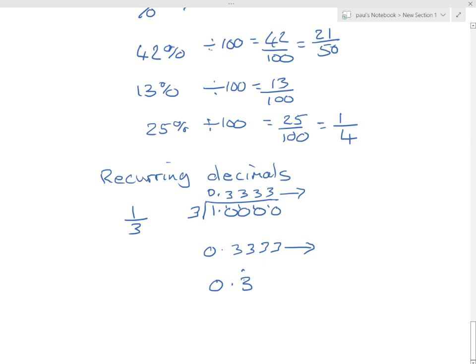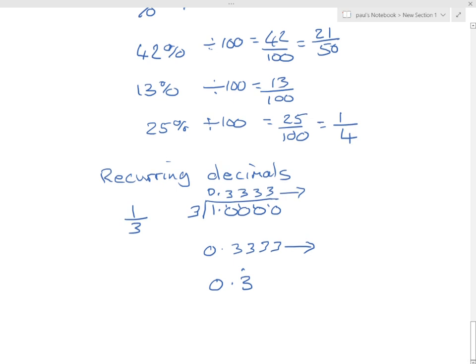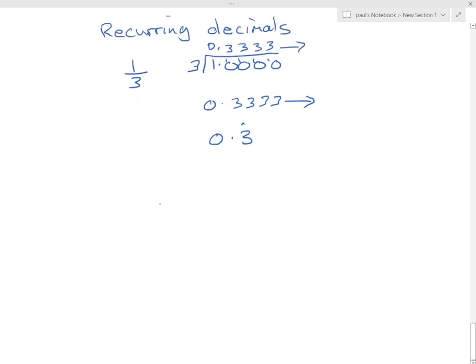And so what we do is we write a dot above the 3 to tell us that that is a recurring decimal. There are a couple of different flavors of recurring decimals. If we've got 0.42 and this part is the recurring, that would be 0.422222 forever.